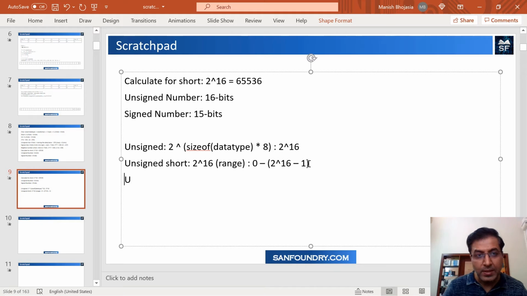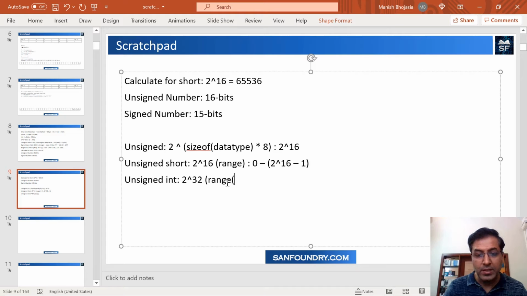Think about integer. When you say unsigned integer, it is based on this formula. The size of the data type is 4 bytes into 8, so 32. So we are straight away looking at 2 to the power 32. This is the range of values.